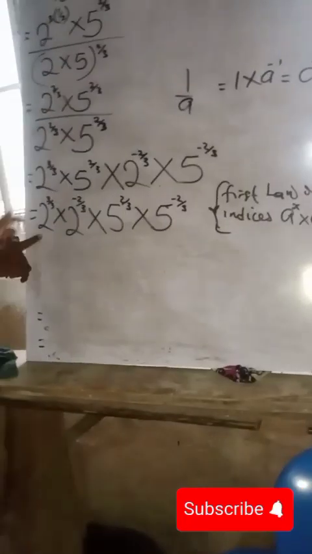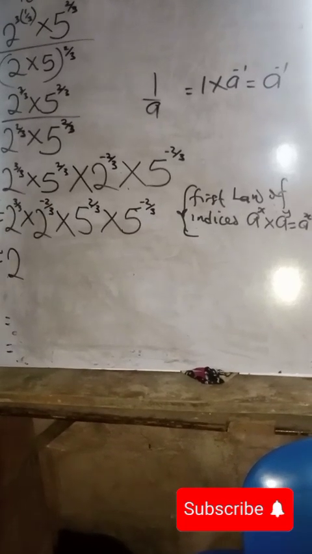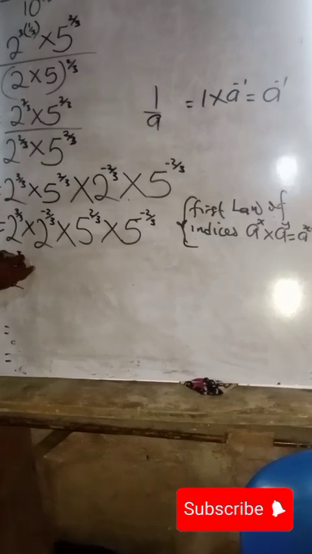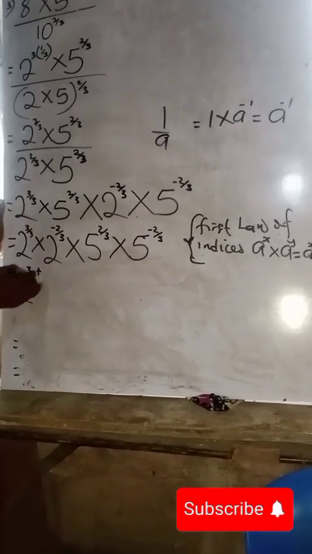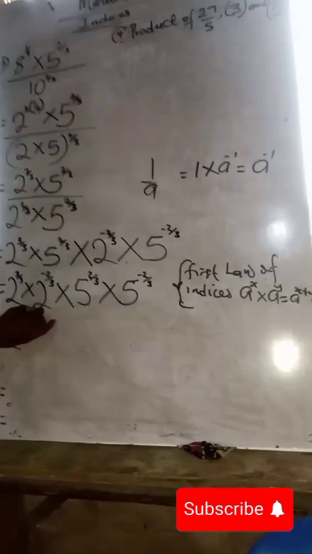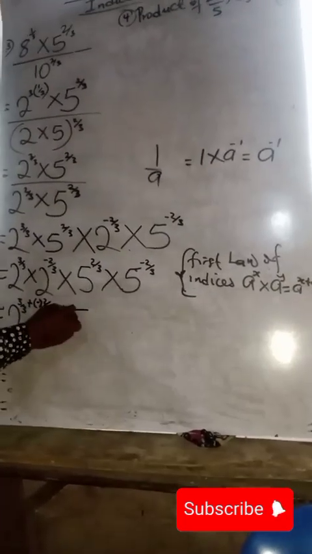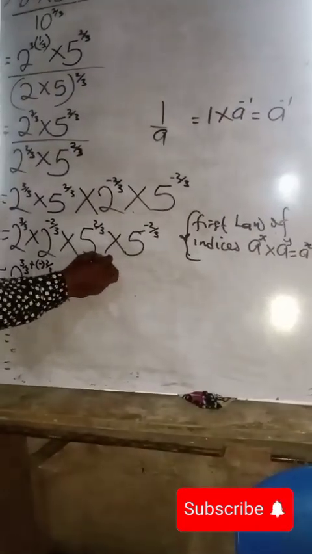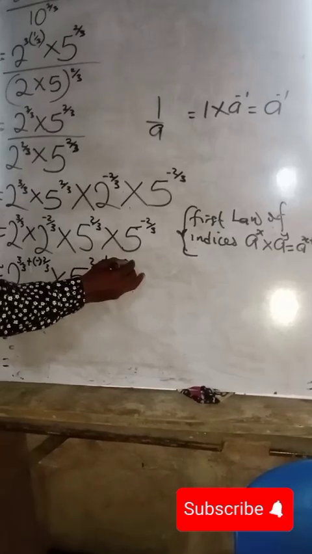The same thing here, these are the same base. We pick one of them, which is 2, then we add up the exponents, which is 3/3 plus minus 2/3. Then for the 5, we pick one of them, 5 raised to the power of 2/3 plus minus 2/3.